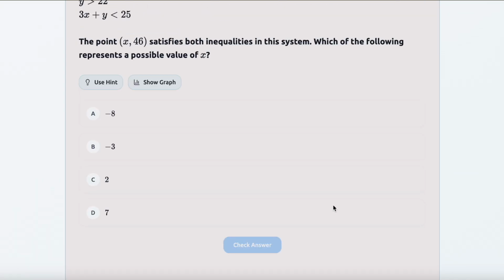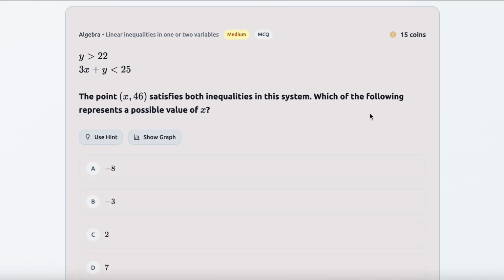Okay, now next one. The point x comma 46 satisfies both inequalities in this system. Which of the following represents a possible value of x? Okay, so if x comma 46 satisfies both inequalities in this system, let's write this down actually.